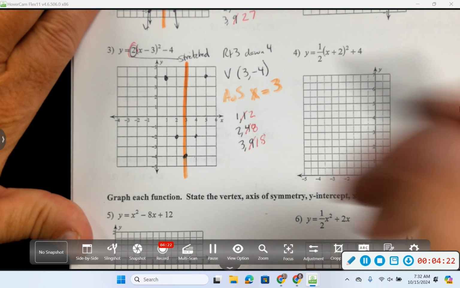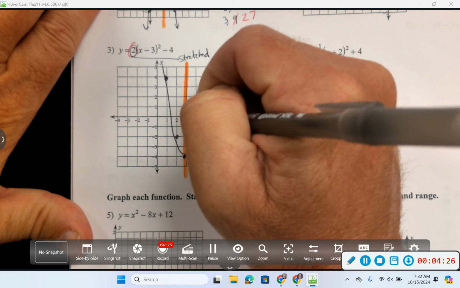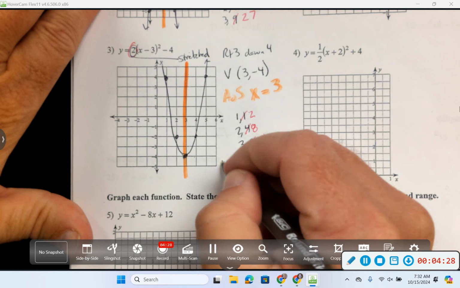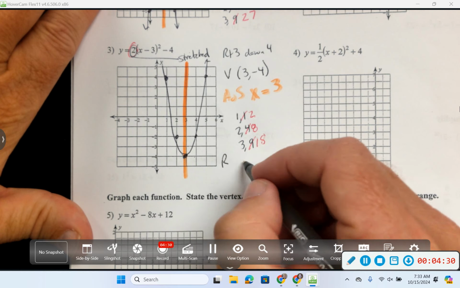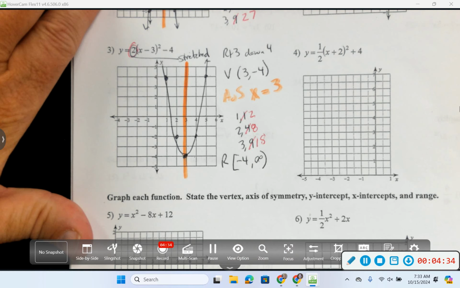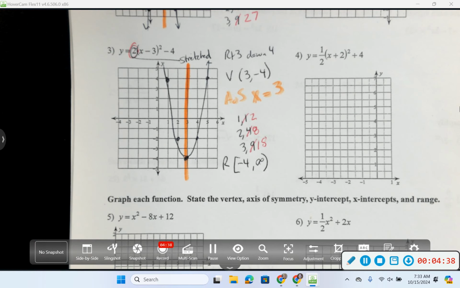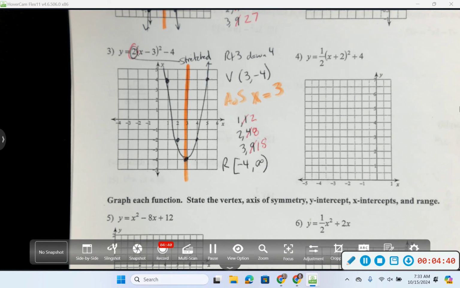Over 3, up 18, way off the graph. And then my range starts at -4 and goes up to infinity. I feel like that's the easier type to graph because it's easy to pick off the vertex.